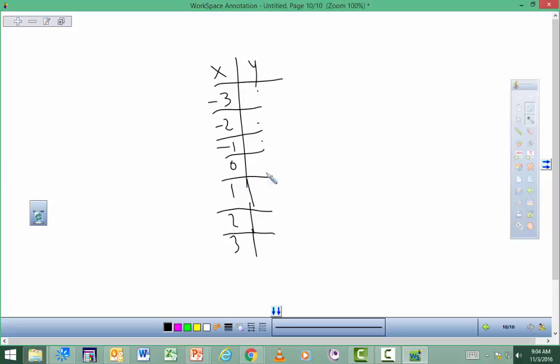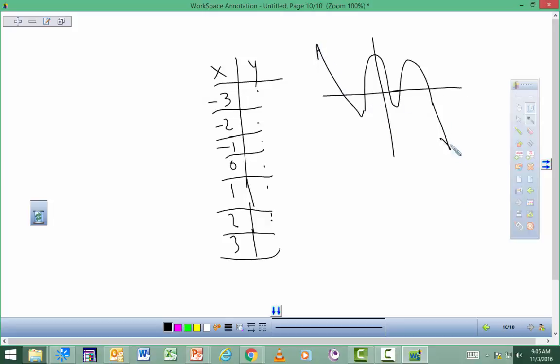And once we plot all these points here, usually by then we know what's happening with the curve. And from that point on, there's no point in plotting anymore because we have what we call end behavior. Once this thing does all of its little bitty turns, the thing is either going up or down forever at that point. So there's no point in plotting any more points.